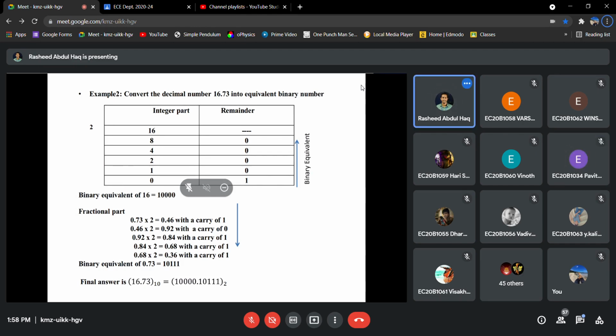Your roll number 34, right? Yes, sir. 64 typed in the chat box, sir.